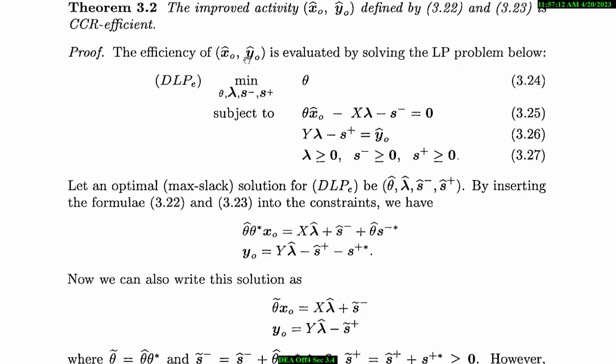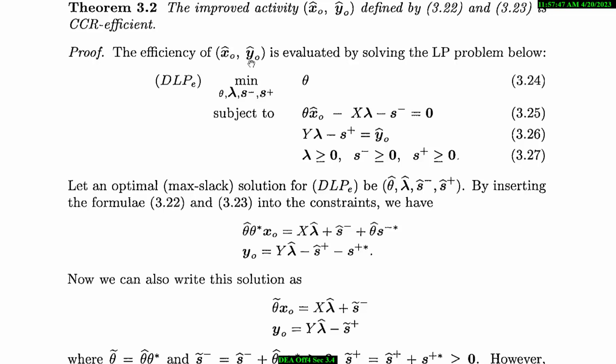The efficiency of each DMU, here X hat O and Y hat O, is evaluated by solving the LP problem below. Note that we named the LP problem in envelopment form, which evaluates DMU O with XO and YO as its inputs and outputs, DLPO.